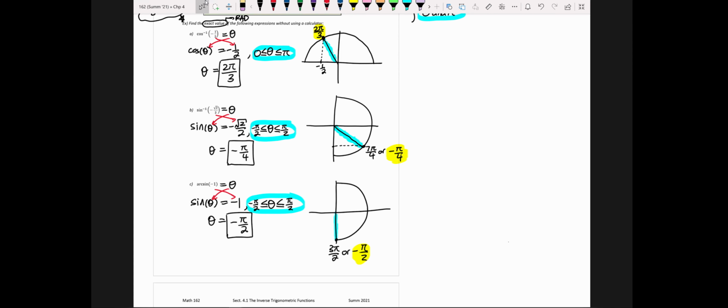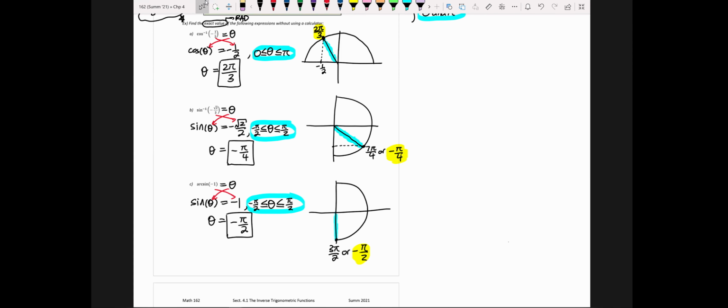When we are composing functions, we want to start with the inside function and then the outside function. Let's put in a couple of notes here. When it says find the exact value, your answer should be in radians. Also note here that 1 over square root of 2 is equivalent to square root of 2 over 2.